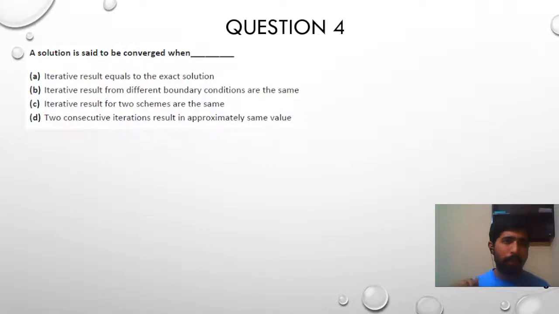Basically when you say that the solution has converged, that is when the solution has reached a steady state. You have two things. One is the local convergence and the second is the global convergence, which you have studied in the class also. Between two iterations, at a particular grid point, if the difference goes below a certain minimum, then you say that the solution is converged.